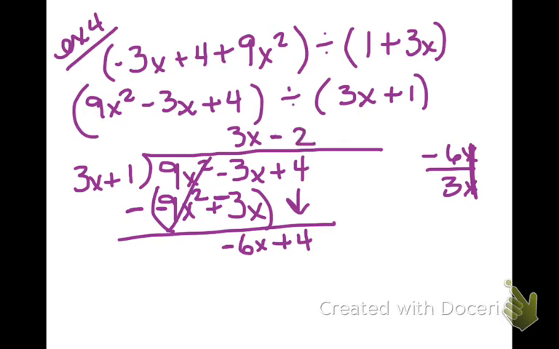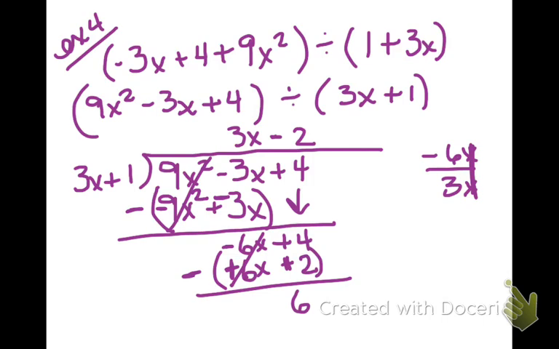Negative 2 times 1 is going to be negative 2. Negative 2 times 3x is going to be a negative 6x. But I am subtracting the entire thing. Makes this positive and this positive. So negative 6x plus 6x is 0. 4 plus 2 is 6.